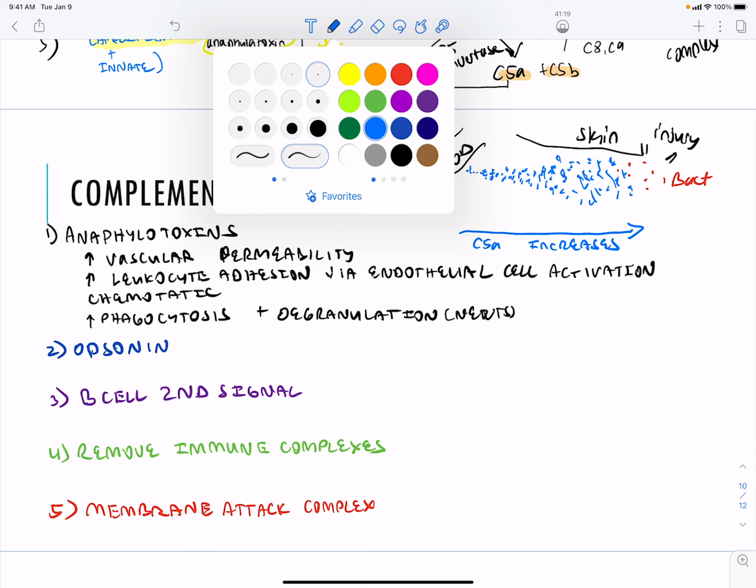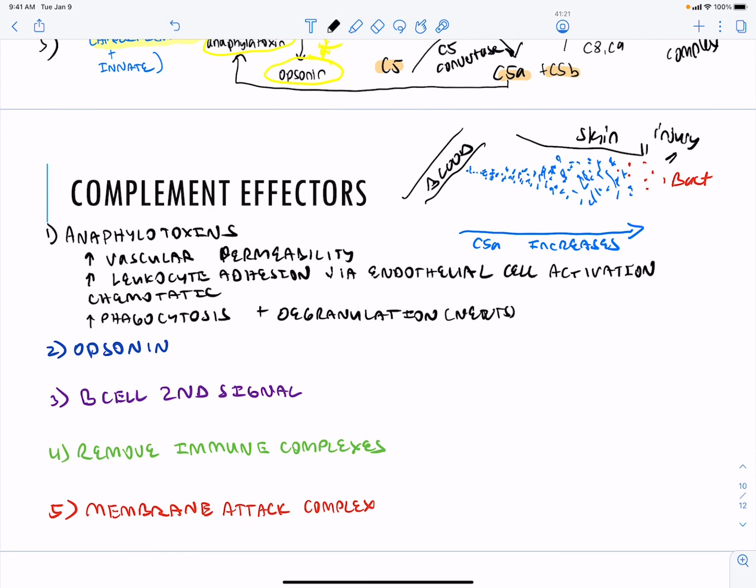The other thing that we have is our opsonin. So our opsonin is only C3b. Okay, and so cells such as macrophages and neutrophils are going to have complement receptors for C3b. So we have our macrophage.